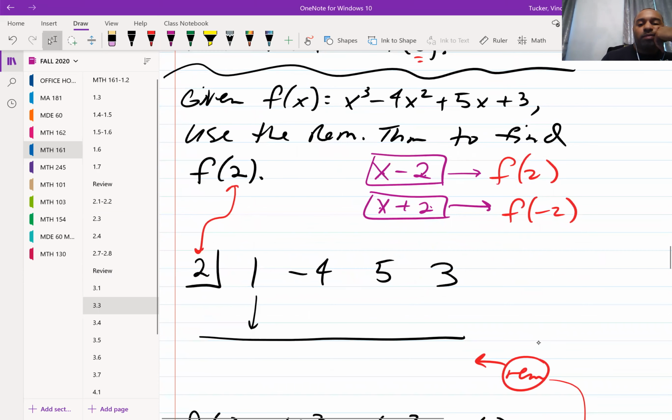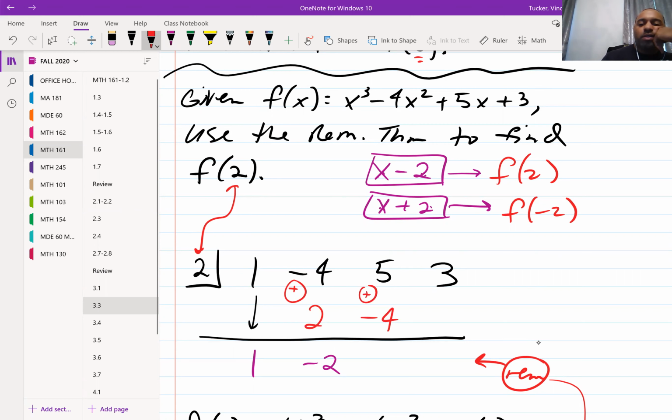All right. So from there, you bring down 1. Two times 1 is 2. Add those together. It's going to be negative 2. 2 times negative 2 is negative 4.